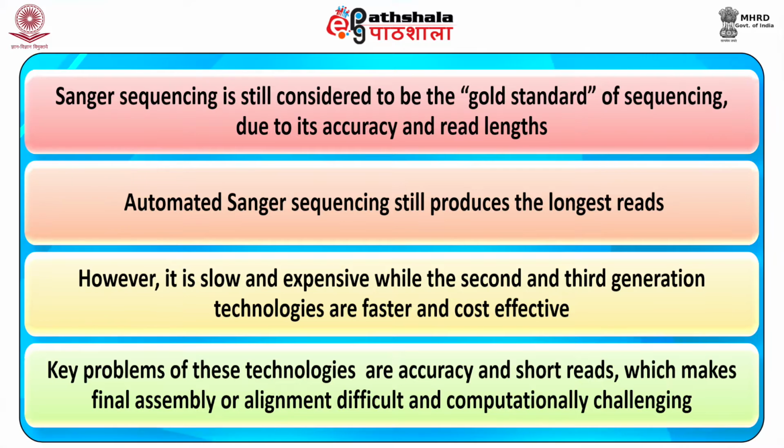In conclusion, it can be said that Sanger sequencing is still considered to be the gold standard of sequencing due to its accuracy and read lengths. Automated Sanger sequencing still produces the longest reads. However, it is a slow and expensive technique, while the second and third generation technologies are faster and cost effective.